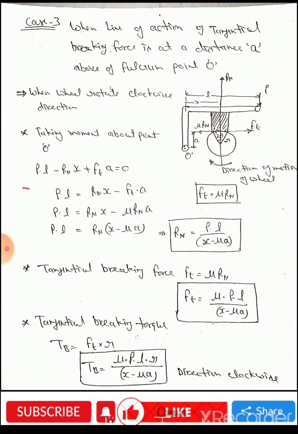PL is a positive sense couple, Rn is a negative sense couple, Ft is a clockwise and positive sense couple. Simplifying the equation, we obtain PL equal to Rn into X minus Ft into A.